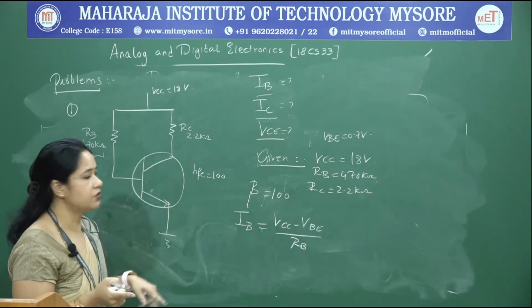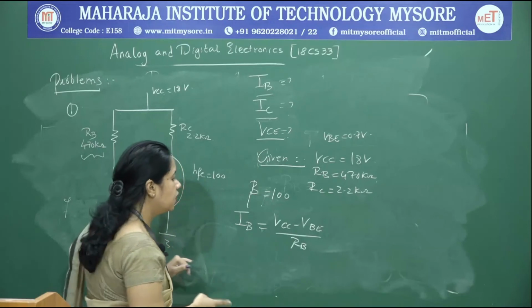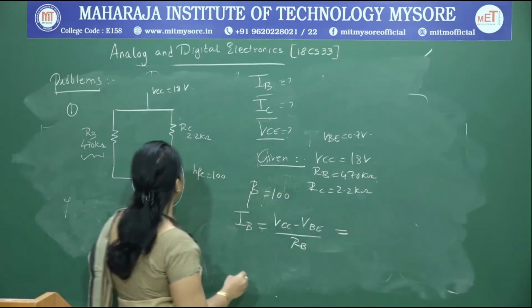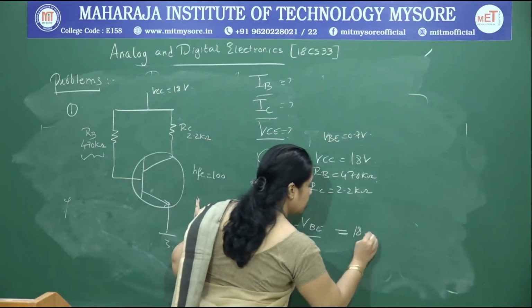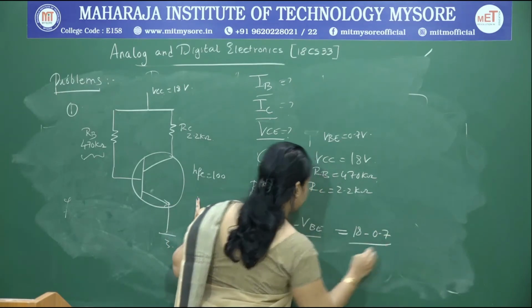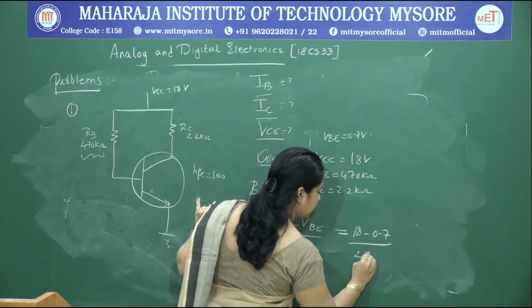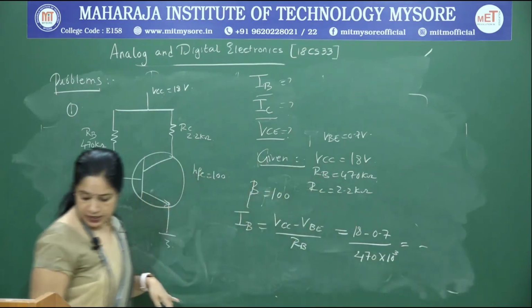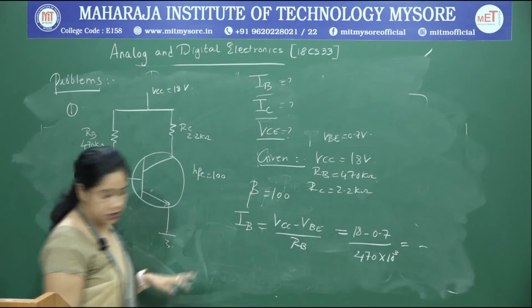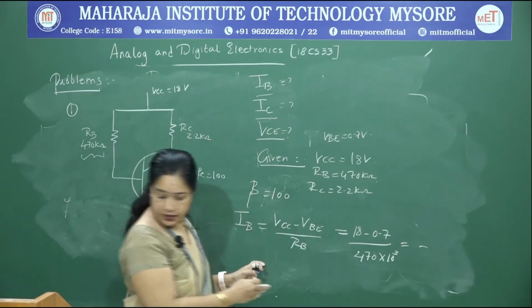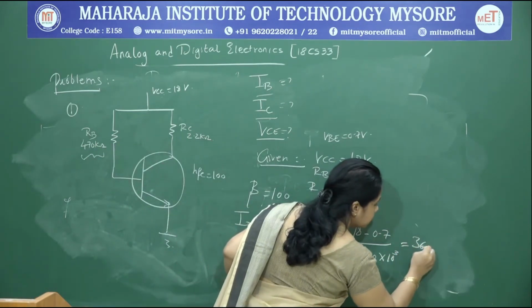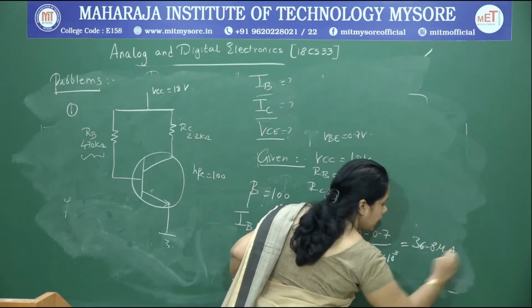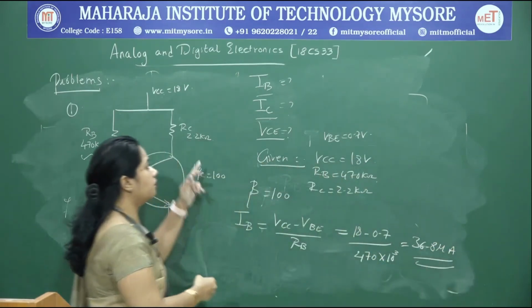Unless and until they mention otherwise, you can take it as 0.7 volts. So VCC is 18, minus 0.7, divided by RB, which is 470 into 10 power 3. If you compute this, your base current is going to be 36.8 microamps.